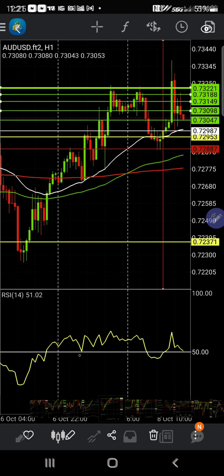Right here on the chart, we made a higher low, but right here on the RSI it's right there at 50. However, on this pullback, the RSI made a lower low where it should be higher. When that happens, it means we're more oversold in an area where there was already a lot of buying pressure. So the market is just going to continue, and that's what a hidden divergence is: a continuation of a trend.